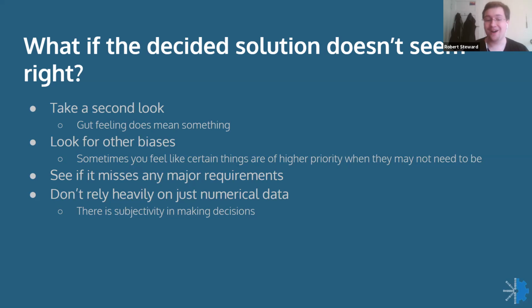They weren't. You'll find that depending on the method that you use, you will end up having different solutions. And so there is some subjectivity in making your decision and choosing what method to make your decision.